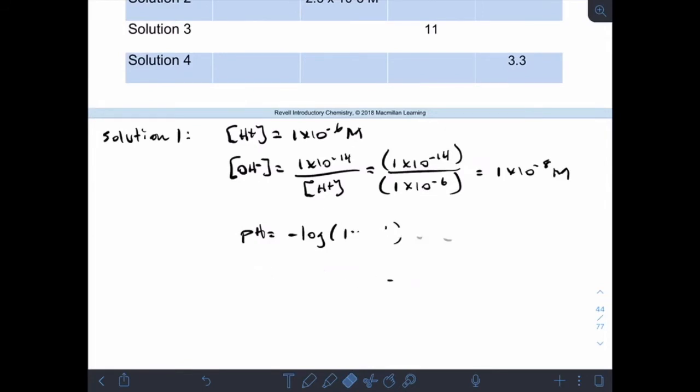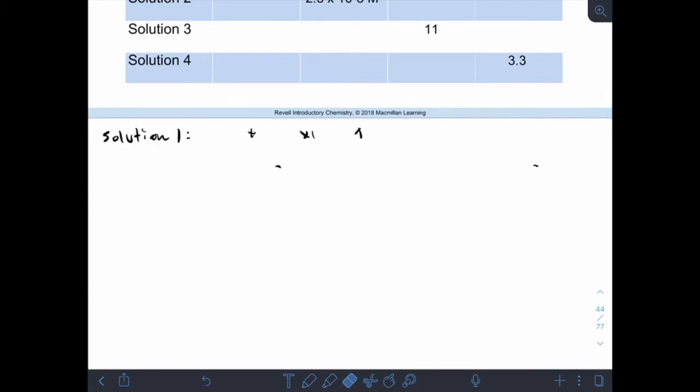So let's go ahead and make some room. And let's do solution 2. All right, so solution 2, we have the OH concentration of 2.3 times 10 to the minus 8 molar.